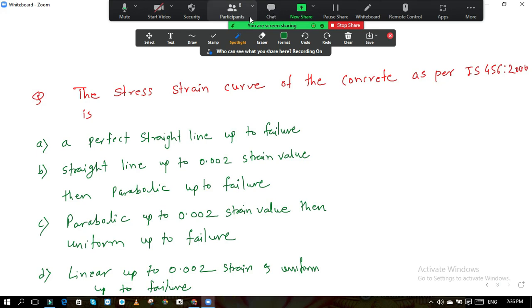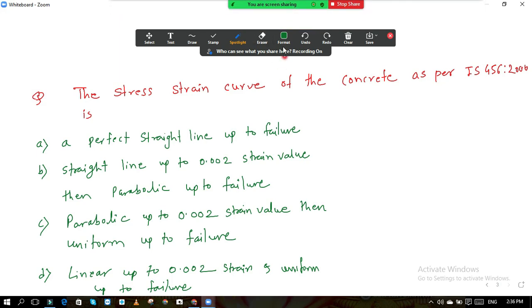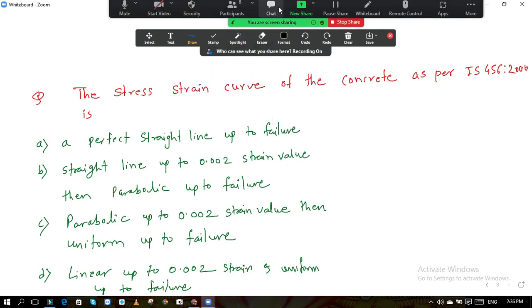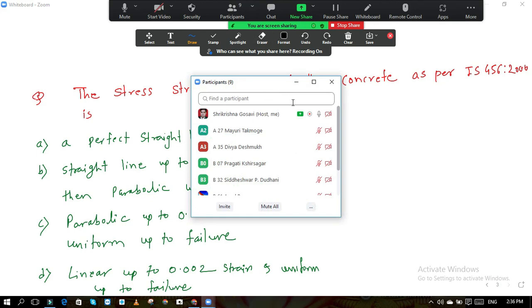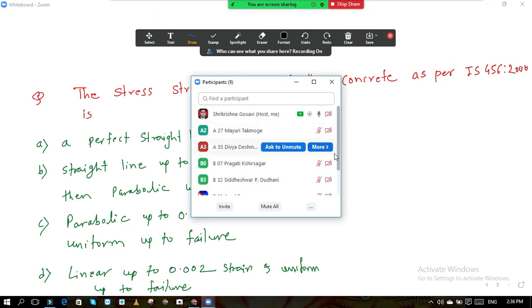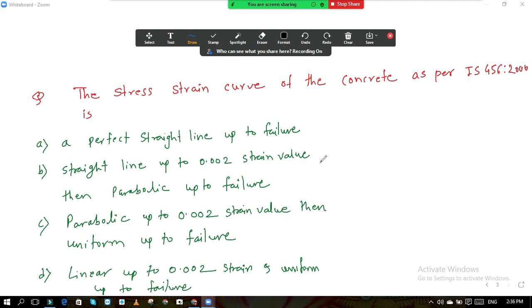So let me know the correct option. What do you think is the correct option? Which answer is correct? Can anybody answer me which option is correct? Let it be your answer wrong or right, it doesn't matter, but at least you should try.